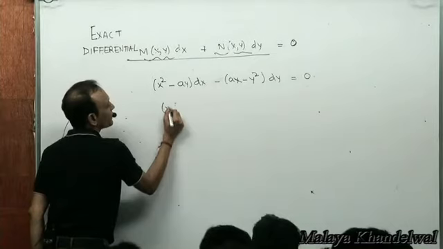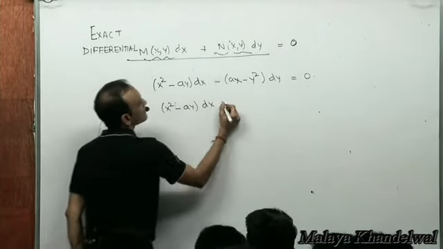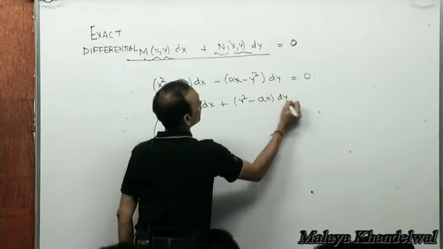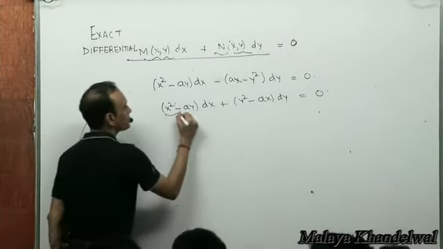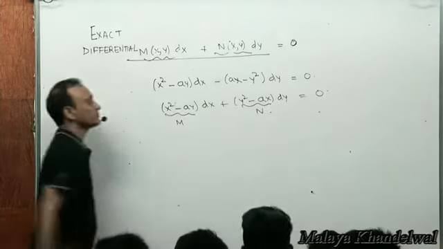So this is like (x squared minus ay) dx plus (y squared minus ax) dy equal to 0. This is my M and this is my N, right?